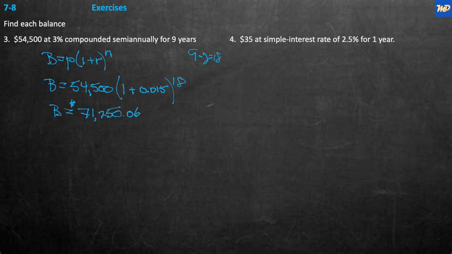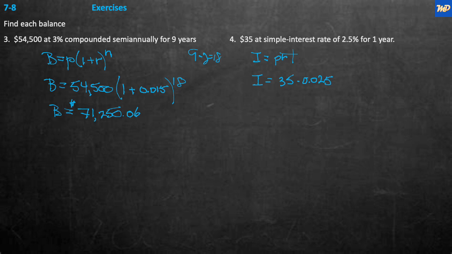And for our last problem here, it's a simple interest. Well, these are usually a little easier. So simple interest is I is equal to PRT. So the interest that could be paid is equal to $35 times 2.5%, which is 0.025.